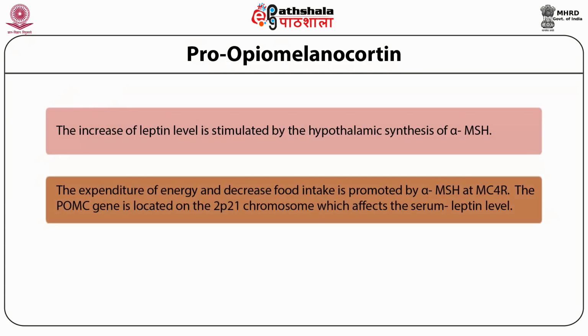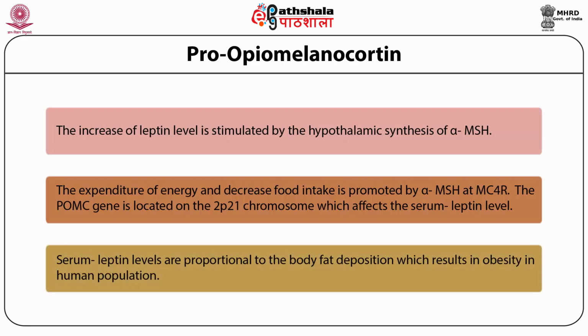The expenditure of energy and decreased food intake is promoted by alpha MSH at MC4R. The POMC gene is located on the 2p21 chromosome, which affects the serum leptin level. Serum leptin levels are proportional to body fat deposition, which results in obesity in the human population.